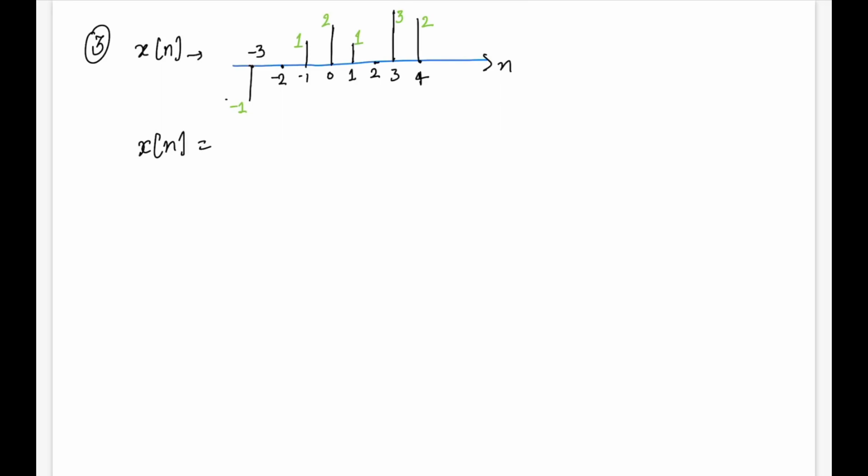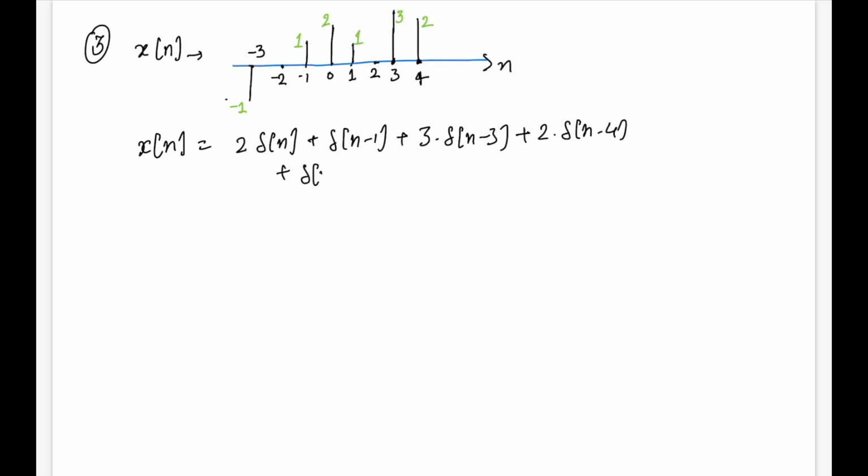So this x[n] can be written like twice of delta[n], plus delta[n minus 1], which corresponds to this, plus 3 times delta[n minus 3], which corresponds to this, plus 2 times delta[n minus 4], which corresponds to this, plus delta[n plus 1], which corresponds to the sample at minus 1, minus delta[n plus 3], which corresponds to the sample at minus 3.